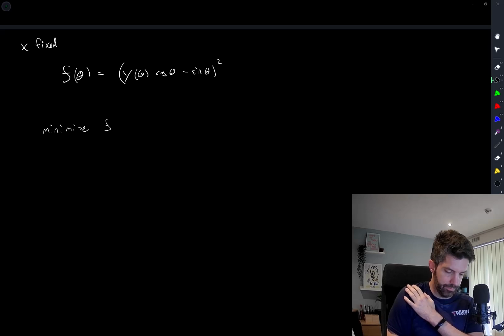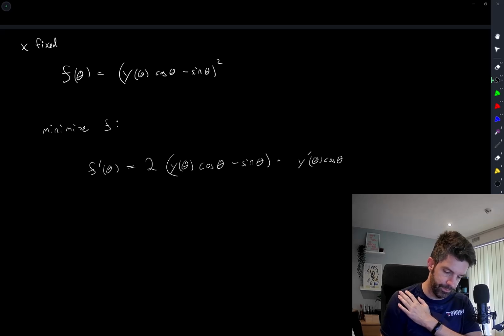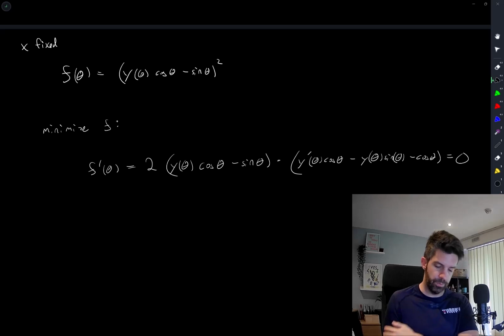Okay. Let's minimize f. So f prime of theta is equal to 2 times (y of theta cosine theta minus sine theta) times the derivative of the inside, which is y prime of theta cosine theta minus y of theta sine theta minus cosine theta. And that should be equal to 0.